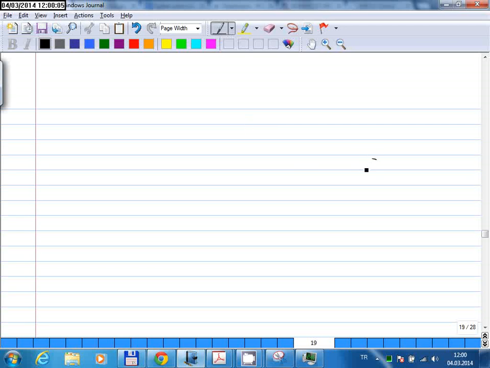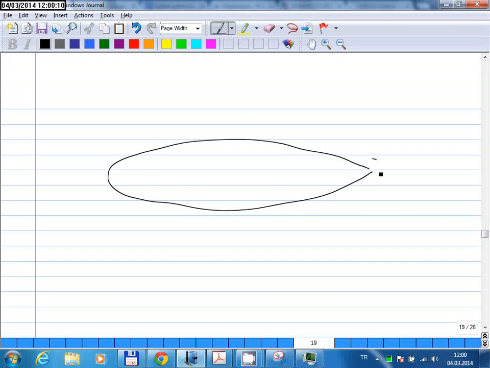So let me try to draw a symmetric airfoil. It's not a very good one, but I think it's symmetric enough. Okay, so the pressure distribution will be symmetric. So this is our axis of symmetry. So whatever distribution you have on the upper surface, you will have the same.